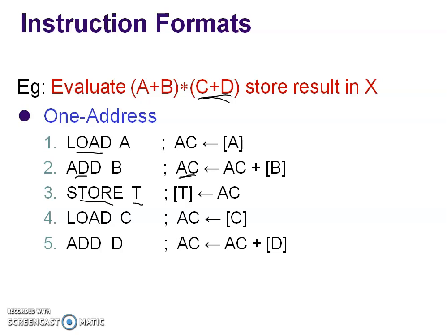instruction for C plus D, like load C. So C value will be loaded to the accumulator, add D, then D will be added to the accumulator value, and the result will be stored in the accumulator.